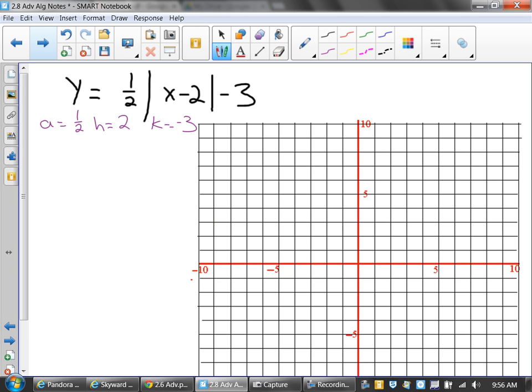So that gives me a vertex where? My A value is 1/2, so is it going to be opening up or down? Up. So I go to 2, -3. And once again, mirror your idea of slope. My slope is up 1, right 2.